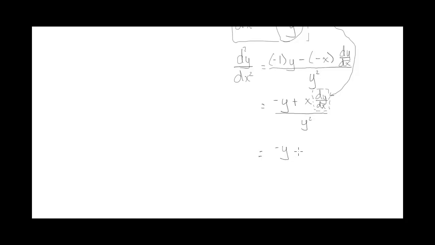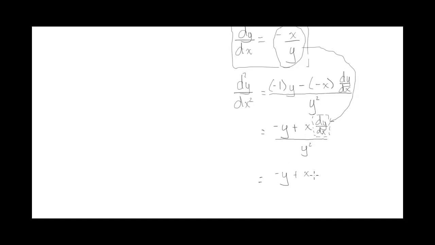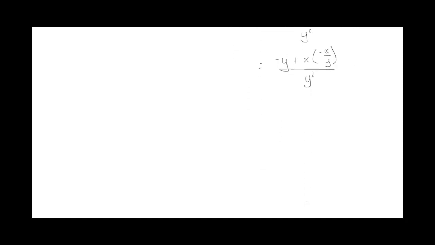So minus y plus x times minus x over y, over y squared. That simplifies to minus y minus x squared over y, all divided by y squared.